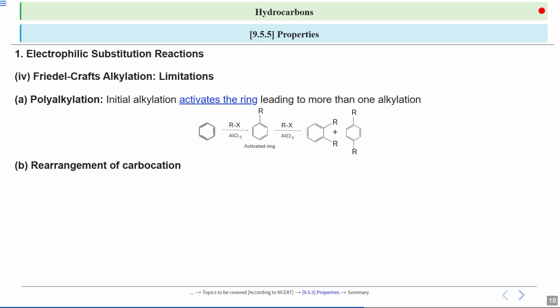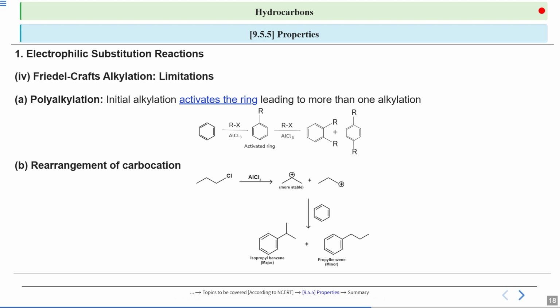Now next, as I said, we can have the rearrangement of the carbocation. How is it possible? Suppose we created a propane carbocation, not propene. This propane carbocation can undergo a 1,2 hydride shift.